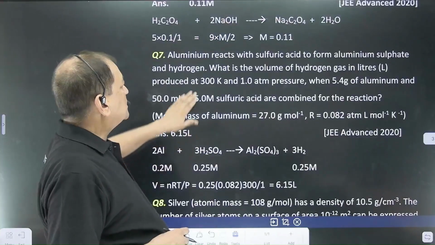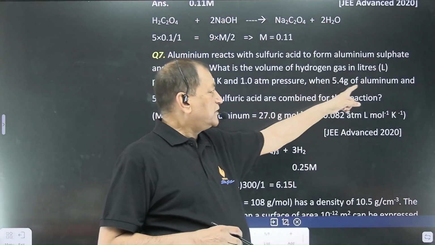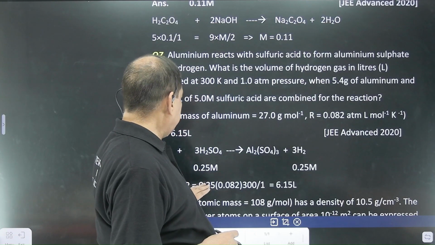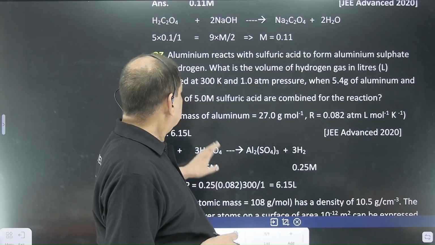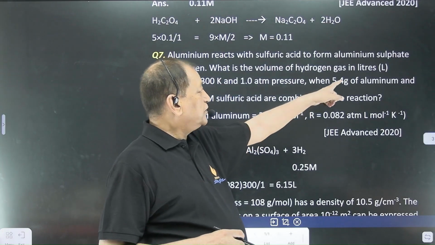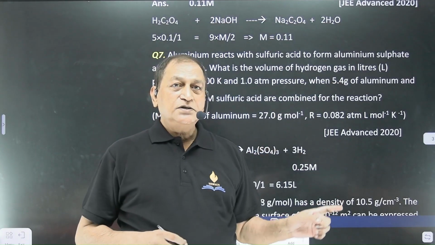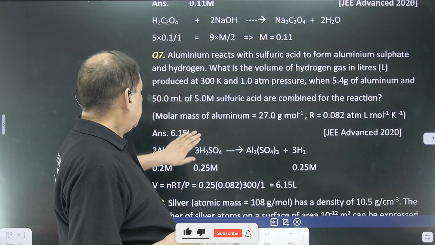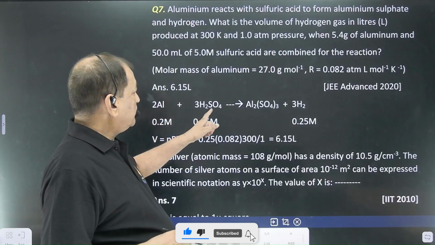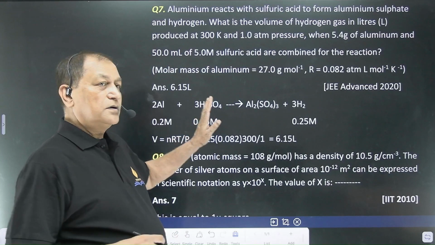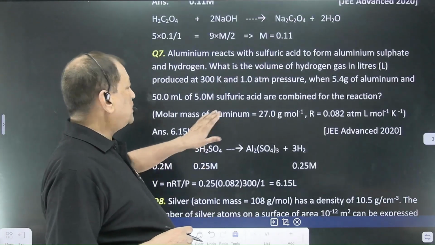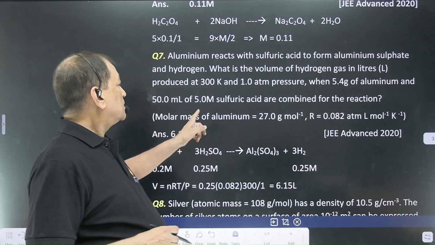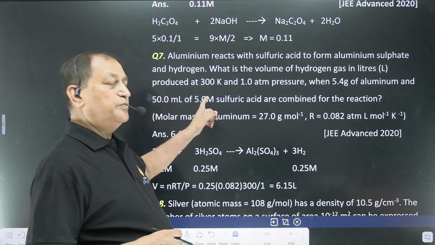What is given here? 5.4 gram of aluminium. The molecular weight of aluminium is 27. 5.4 divided by 27, that is 0.2. 0.2 mole of aluminium requires 0.3 mole of H2SO4. But if we calculate the moles of H2SO4, volume into molarity, that means 5 moles per liter.